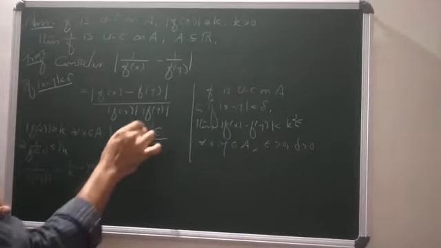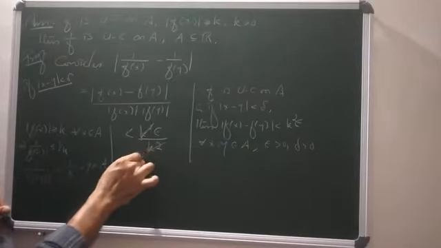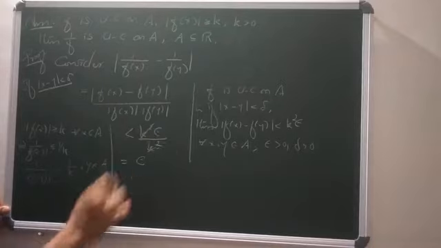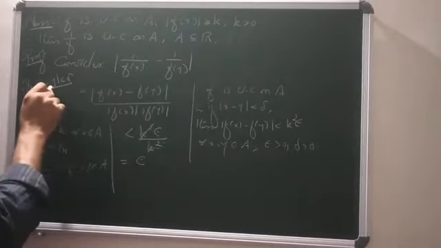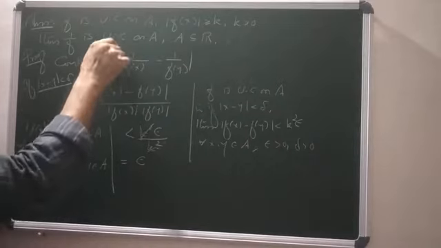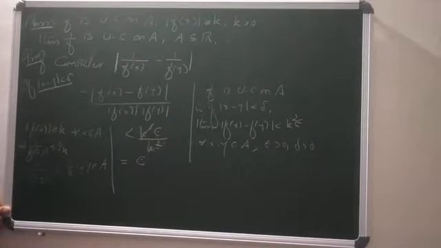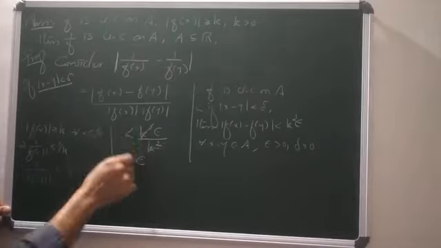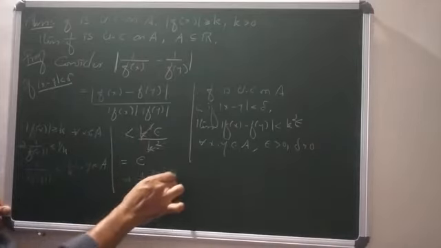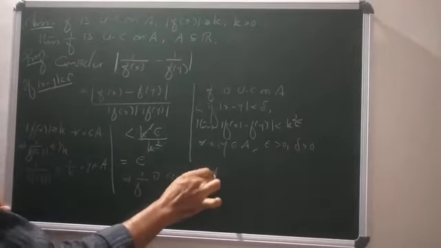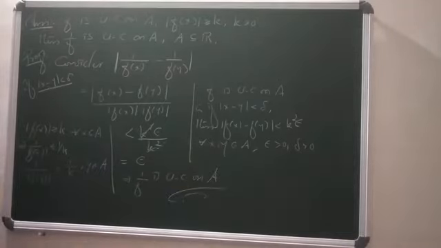So k square and k square cancel each other, which means it is epsilon itself. So if modulus of x minus y is less than delta, then modulus of 1 by f of x minus 1 by f of y is strictly less than epsilon. That means 1 by f is uniformly continuous on A. Agreed? So this is the proof.